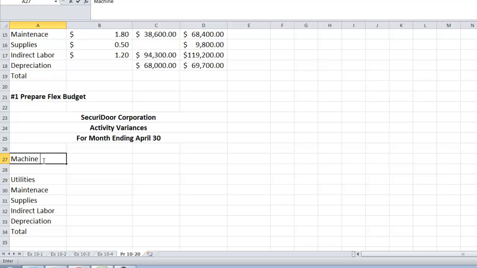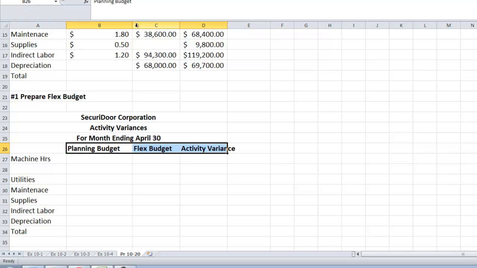That's how we're being measured. And then this one is our planning budget. And this is our flex budget. And this is our activity variance.